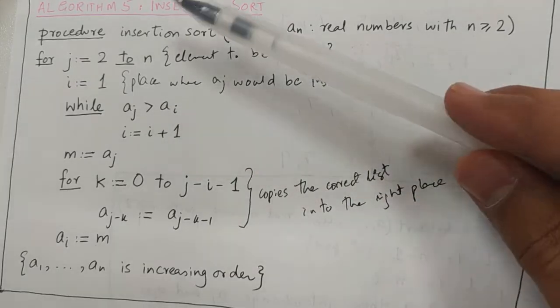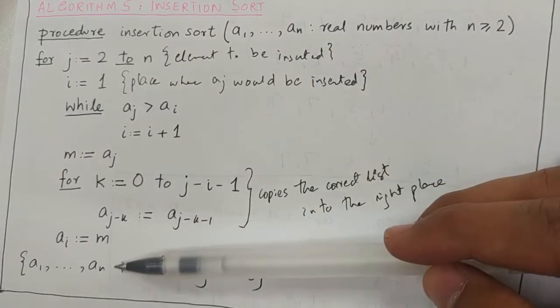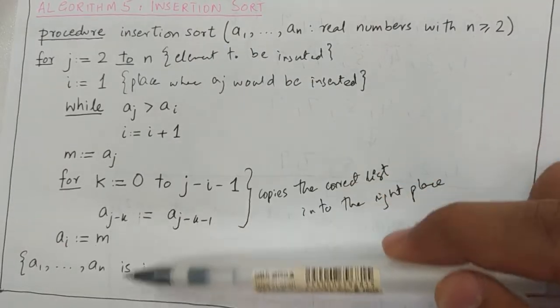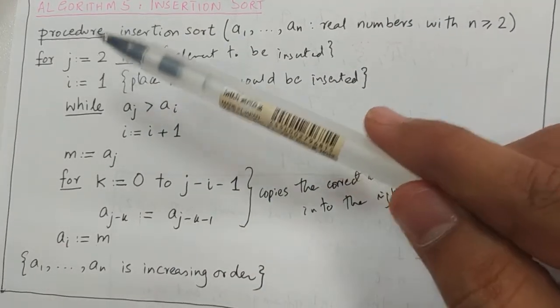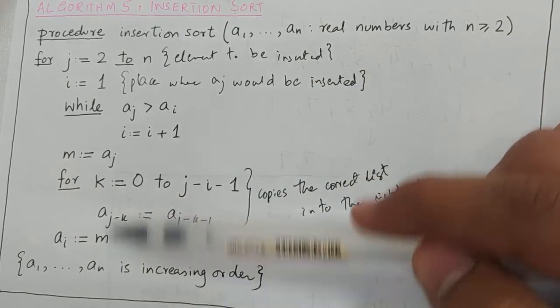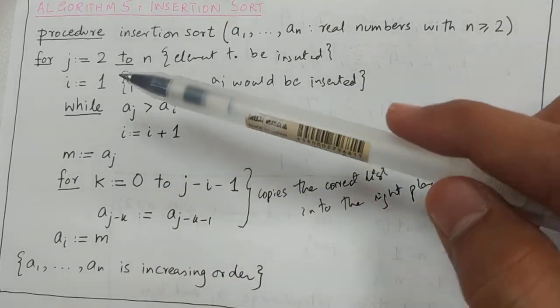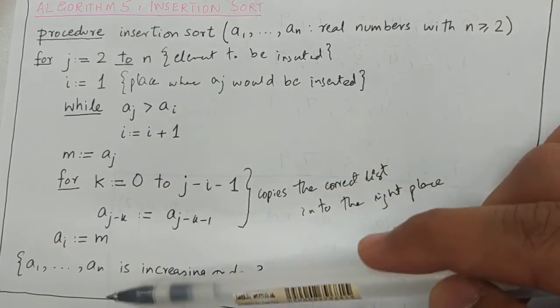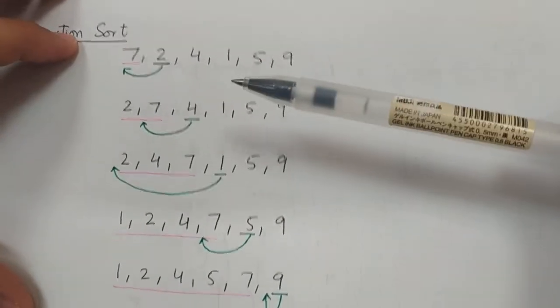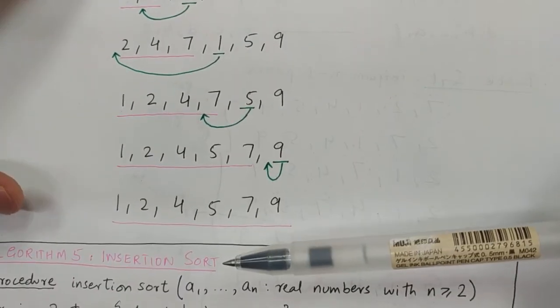Take up a list and try to sort it using this algorithm. Assume that you are the machine and follow these steps exactly like they're written. Keep track of j, keep track of i, keep track of m, keep track of k, and keep track of the list that you're sorting. And if you follow this algorithm step by step, you will notice that it does exactly the same thing as the insertion sort that we've done here.